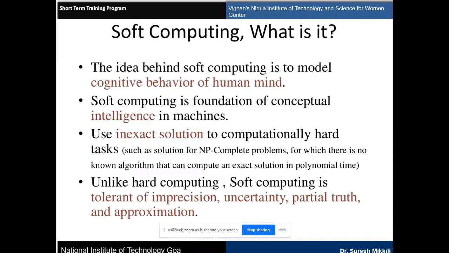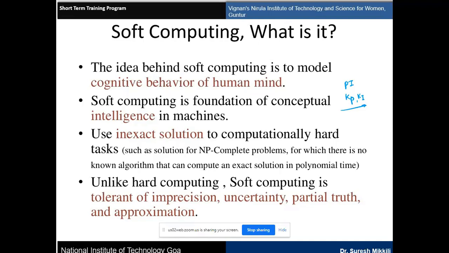So the idea behind soft computing is to model the cognitive behavior of a human mind. It deals with inexact solutions. Like in hard computing, exact data has to be given. Consider the PI controller: you need to fix Kp and Ki values. The fixed values will be considered, so it will work only for linear systems.